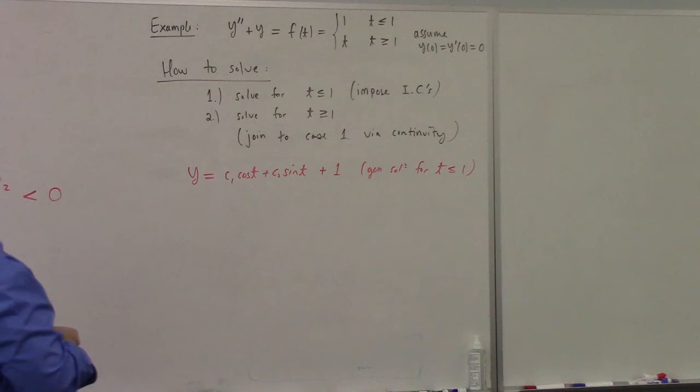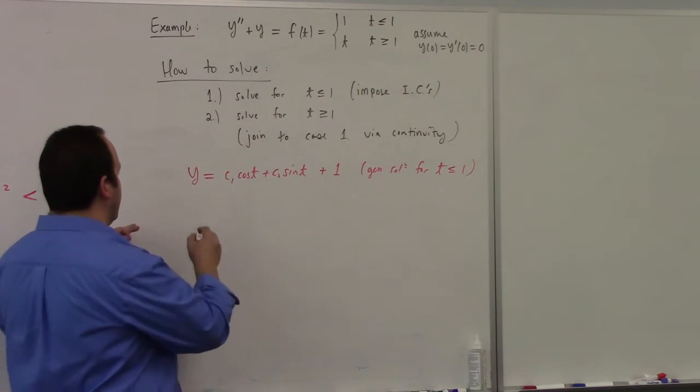You can try it out. If you take y prime prime plus y, you'll get back 1. So you see my particular solution works. And it's got sines and cosines because we got lambda squared plus 1 is 0. So that means lambda is plus or minus i. So that's my homogeneous solution.